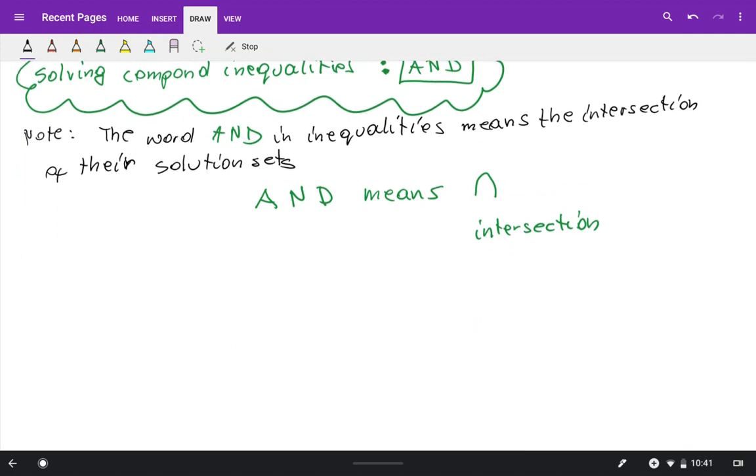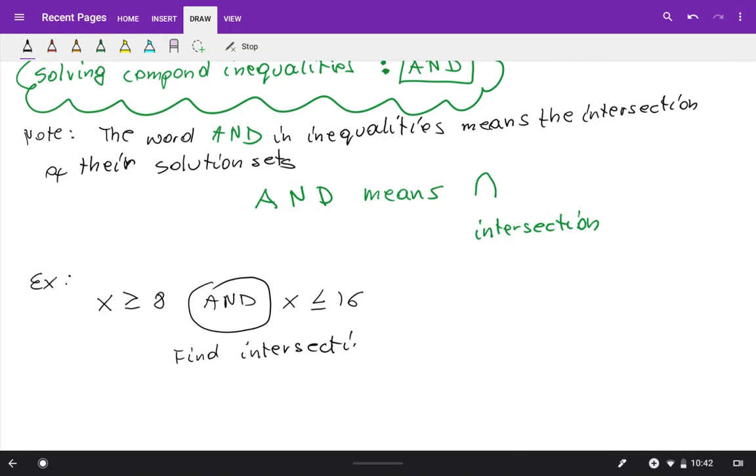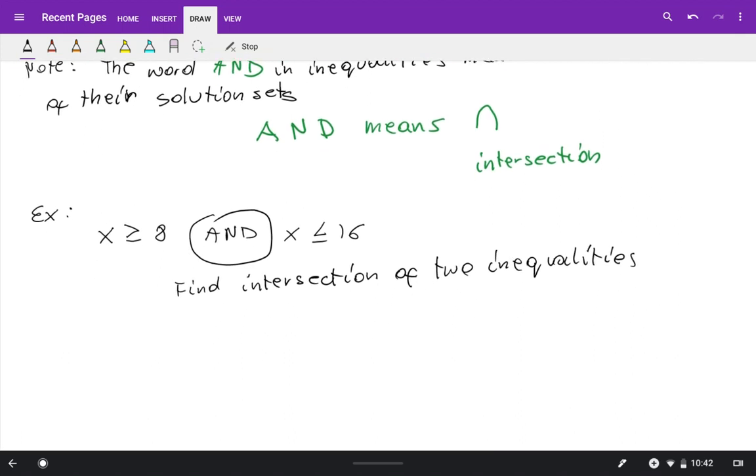Okay, so they have the same meaning. So let's do the example. We have x greater or equal to 8 and x is less than or equal to 16. So what I'm asking you here is for the intersection. So we need to find the intersection of two inequalities. Okay, so the best way to find that intersection is to graph them together on one number line. Okay, so in green, I'm graphing the first one.